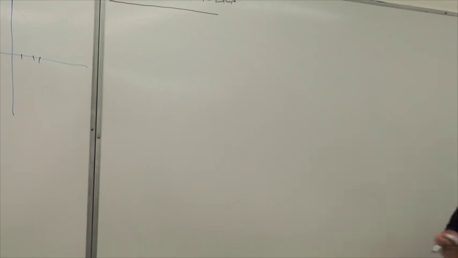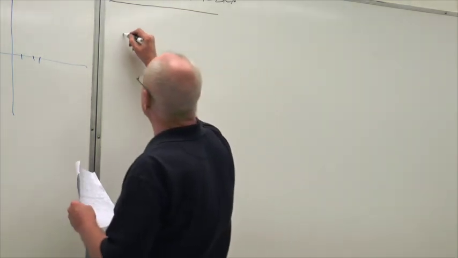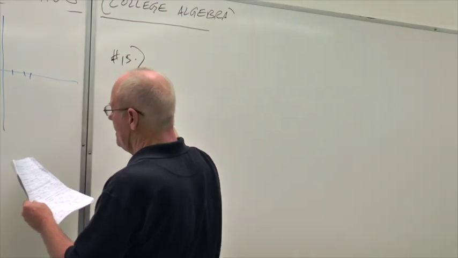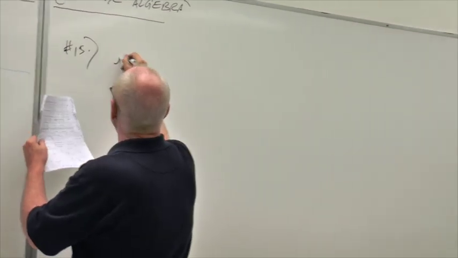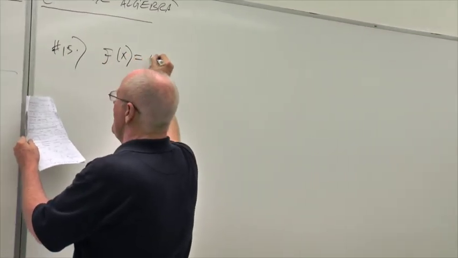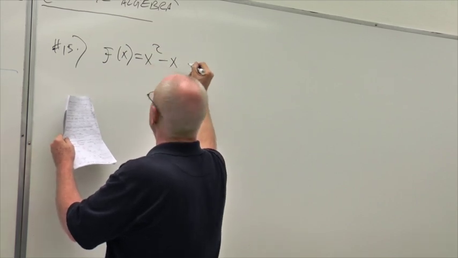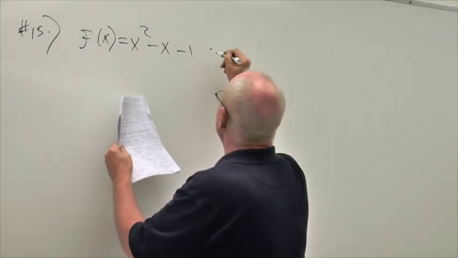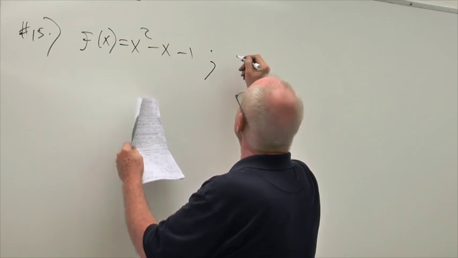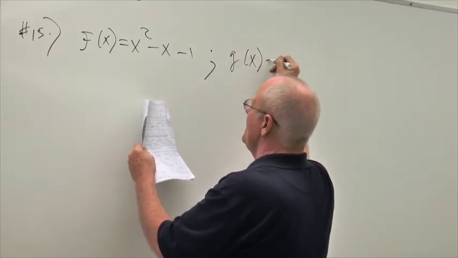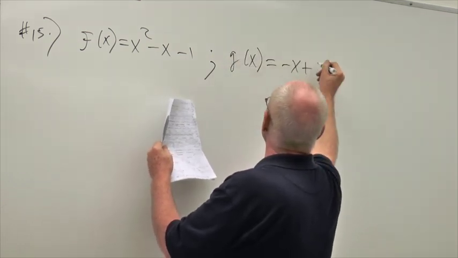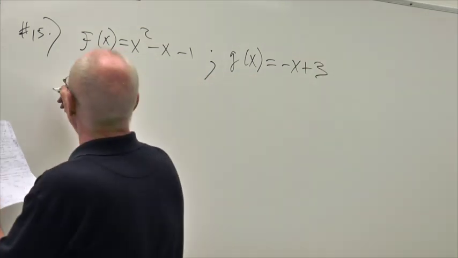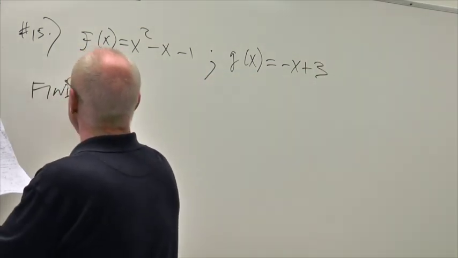Okay, so moving right along here, 15, right? 15 is, if f of x is equal to x squared minus x minus 1, and we have a second function, g of x is equal to negative x plus 3, it says find f circle g.